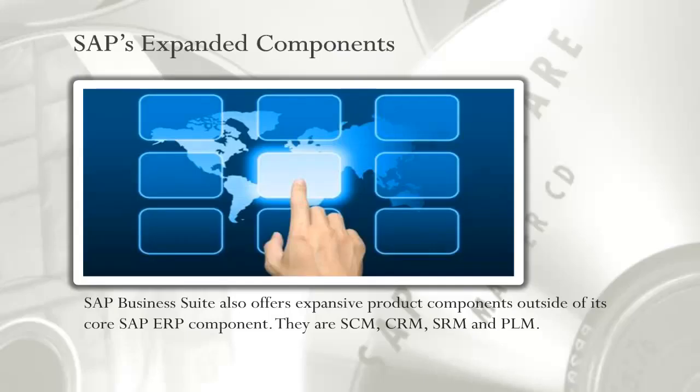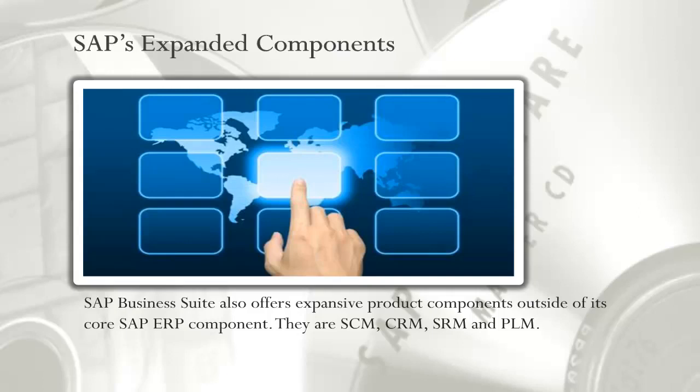Okay, so we've covered the main central components of SAP's business suite, that being the SAP ERP system. And this includes the three primary application areas: accounting, human resources and logistics. But as I mentioned earlier, there are other components contained within the SAP Business Suite that encompass another level of depth and capability of the product.